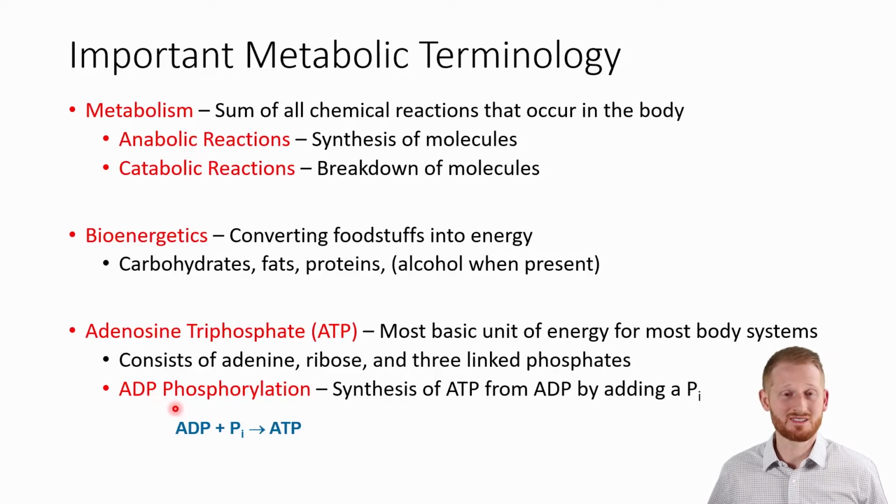All right, so that process is called adenosine diphosphate phosphorylation, or ADP phosphorylation. It's simply creating an ATP molecule from an ADP molecule and an inorganic phosphate, so adding the two together to make an ATP molecule. And of course, it's going to get more complicated than that, but this is the simplest explanation of how we create energy in the body.